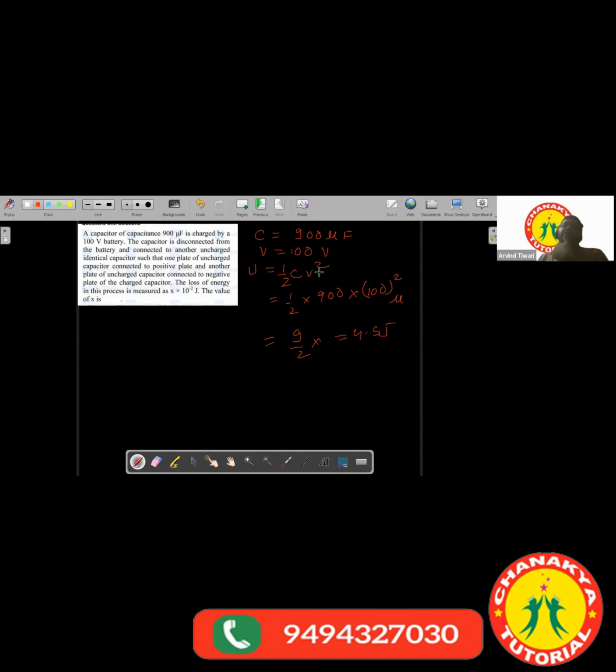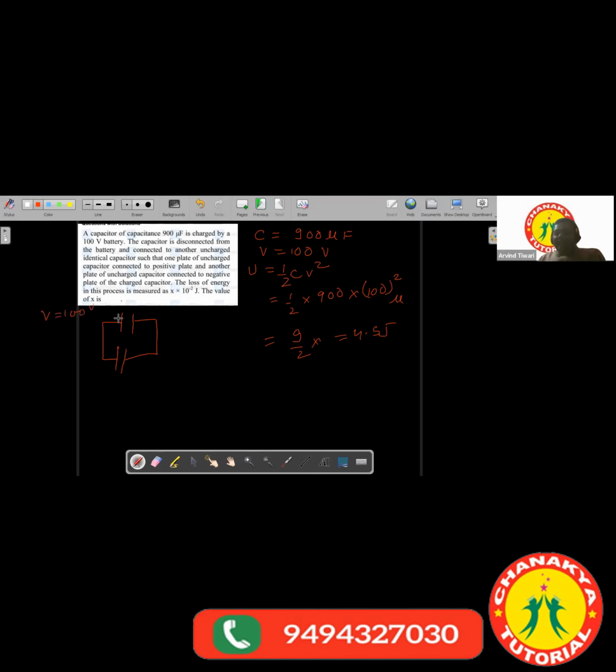Now, when this capacitor is connected to another capacitor, so this capacitor is connected like this to another capacitor, something like that. So this first capacitor initially has the voltage V. Its voltage was given as 100.